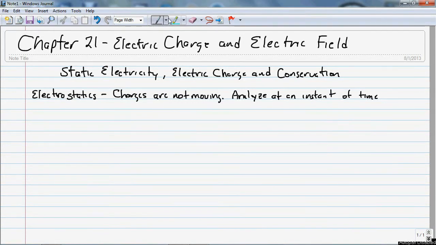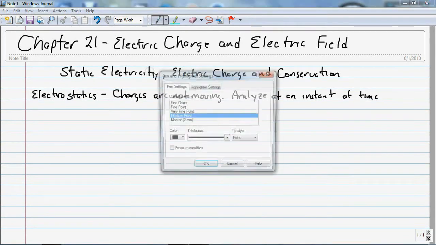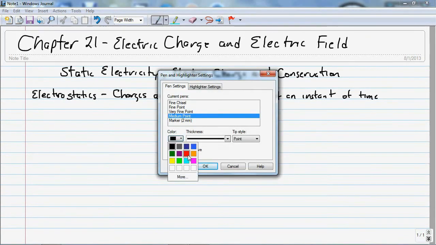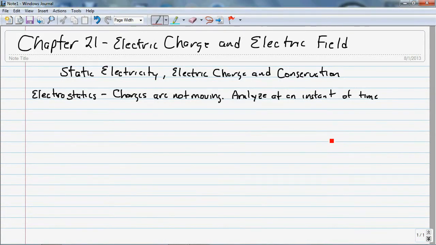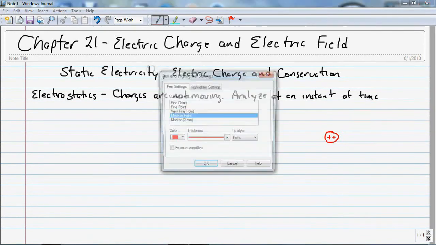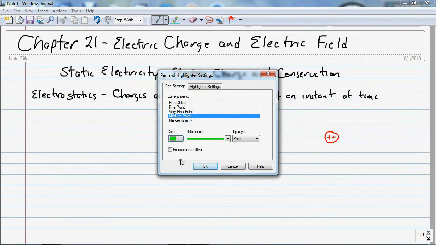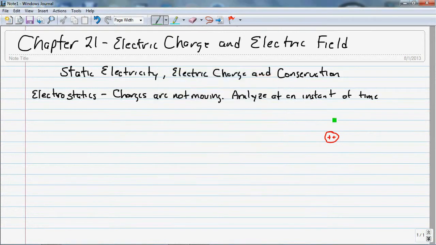Now, most people think of charges when we talk about atoms. And although this is not the scientific view of an atom, it kind of gives a picture here. So in the center we have what we call positive charges, and then around the outside we have these negative charges.